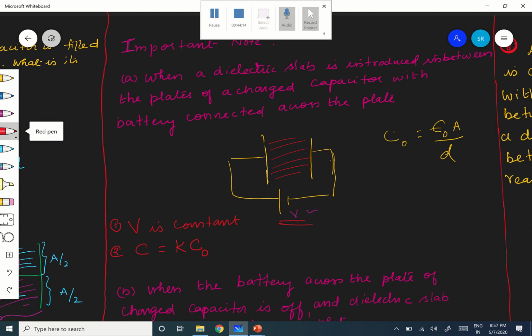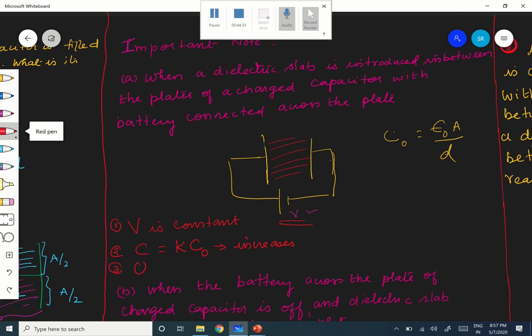So definitely it will increase. Are you following? V remains constant, but capacitance definitely increases.